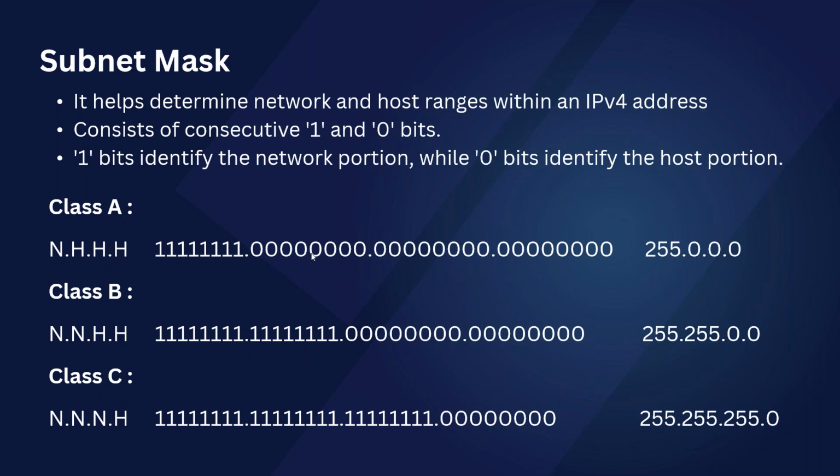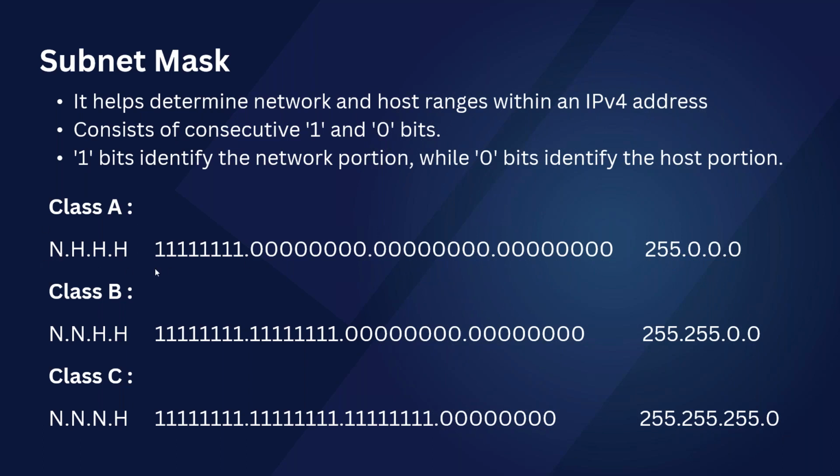When we convert this to decimal, all ones gives you 255 and all zeros simply gives you 0. We learned in the first class how to convert any binary number to a human readable decimal number. So for class A, the subnet mask is 255.0.0.0.